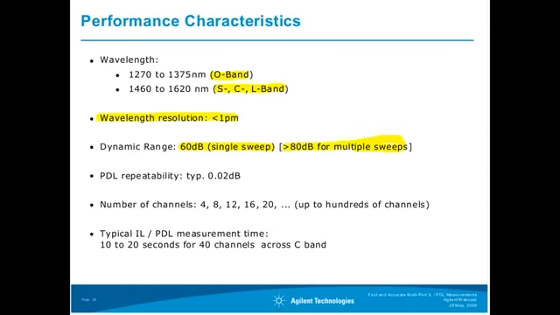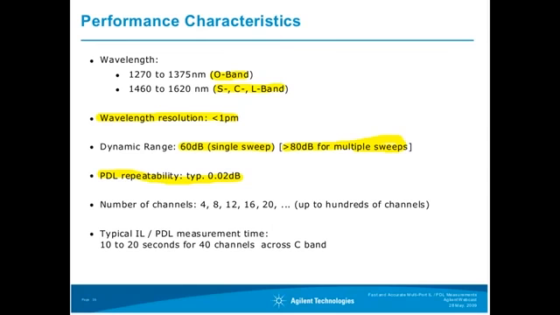The PDL repeatability is typically about 0.02 dB, and we can scale the number of channels in multiples of 4 up to hundreds or even further numbers. And the measurement time, as we mentioned before, really depends on the settings, and the typical measurement time is between 10 and 20 seconds for 40 channels across the C-band.